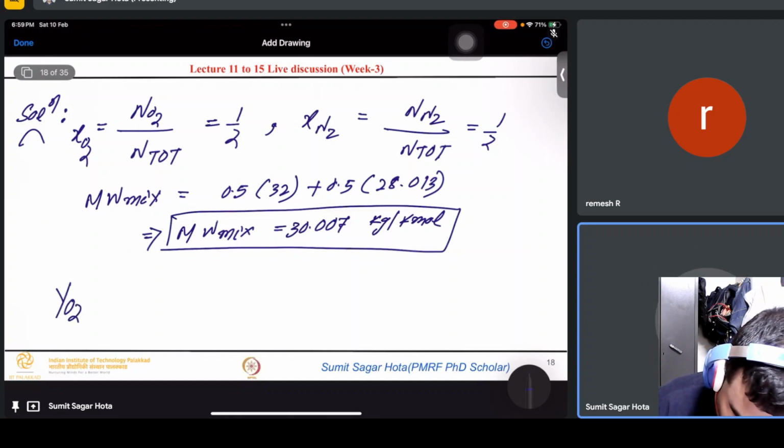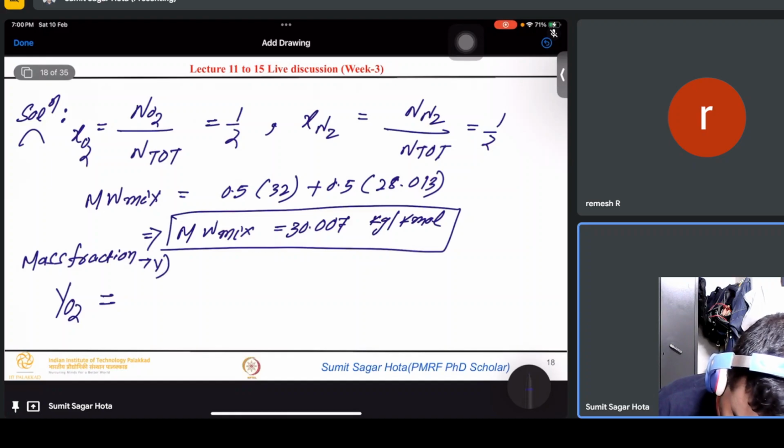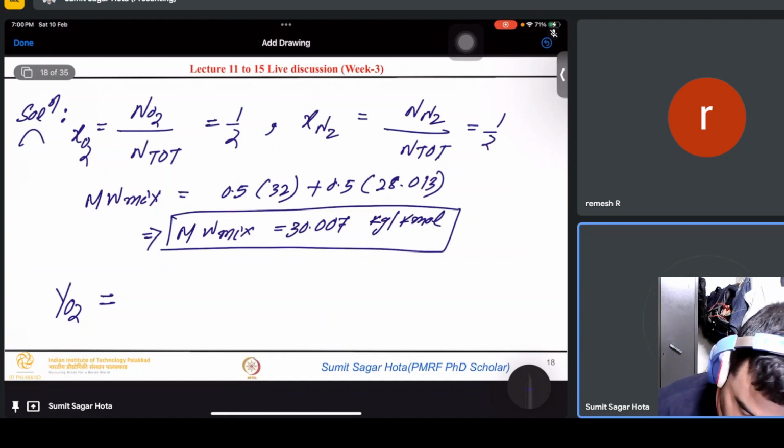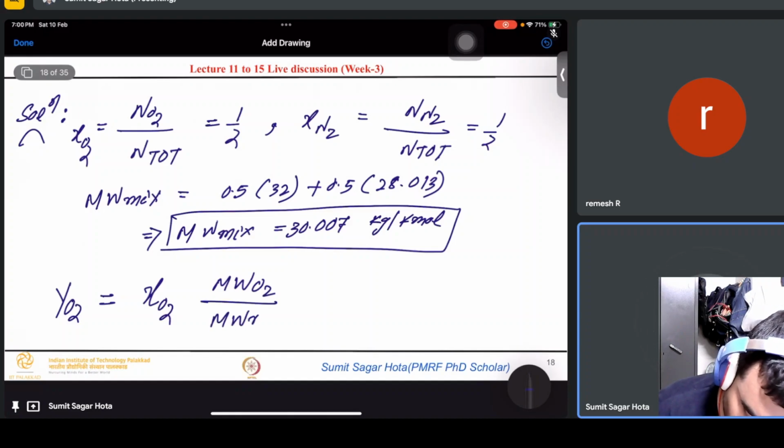What is the formula? Okay, y of O2, the mass fraction, is equal to x of O2 times molecular weight of O2 divided by molecular weight of the mixture.